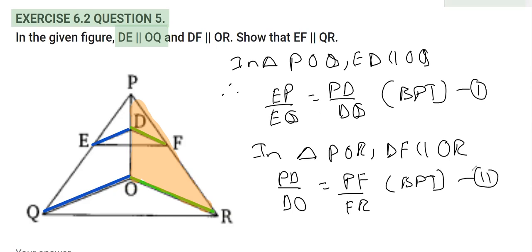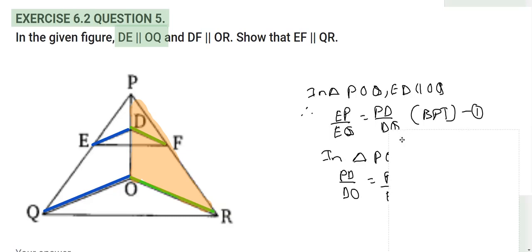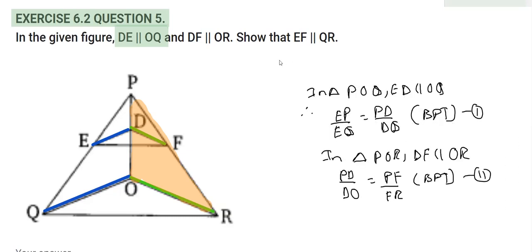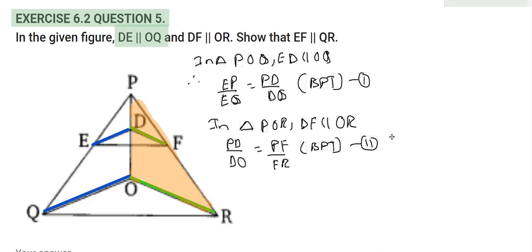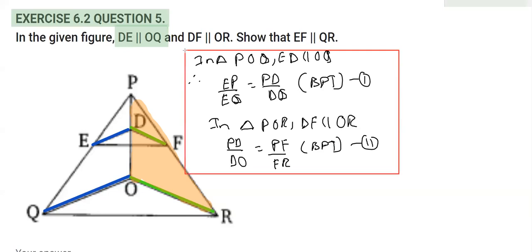So when you compare equation 1 and 2, what do you see? Let's make some space here. This is what we got. From equation 1 and 2, we can see the two sides, that is PD and DO, right? Let's understand once again.